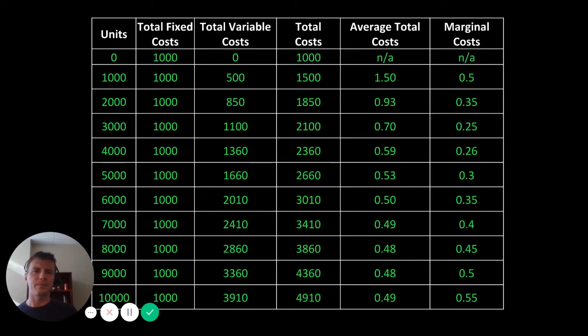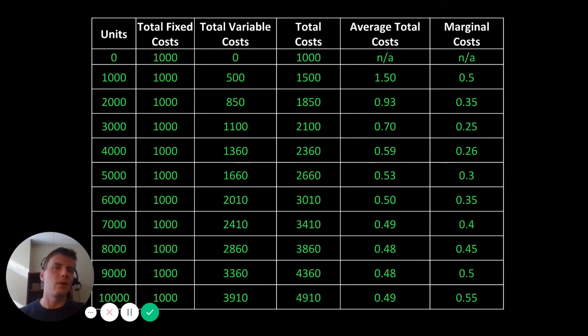Again, in the first row, we can't really calculate this. But in the second row, we can, right? Remember, the marginal cost is the change in cost for a change in production. If we compare row 2 to row 1, the change in cost is $1,500 minus $1,000, a net increase in cost of $500.